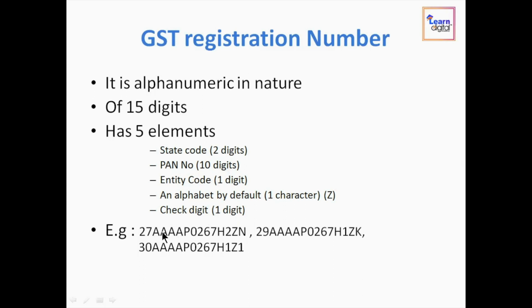For 27 AAAAP O267 H2ZN, starting with 27 means this is a GST number from Maharashtra. This number starting with 29 is from Karnataka. This is 30, so it is of Goa. You can visit the GST portal to know the state code for your particular state.